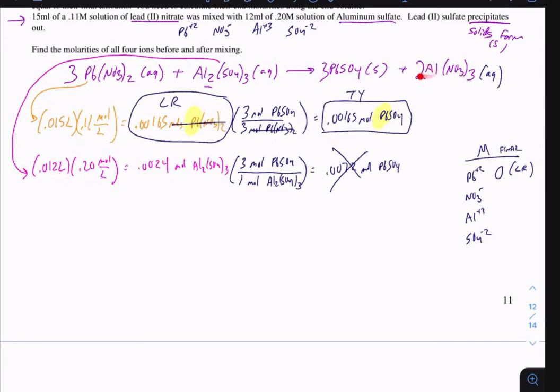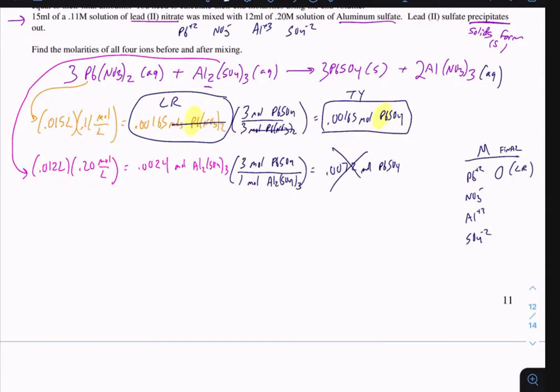The aluminums were in solution, the nitrates were in solution, and they end in solution. They were not involved in making your solid product at all. So how many moles of aluminum or how many moles of nitrate were consumed? 0, none, right?